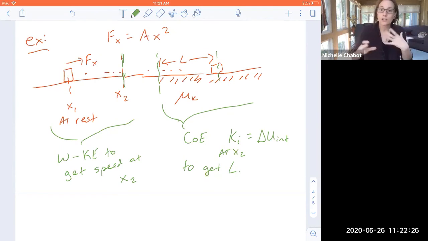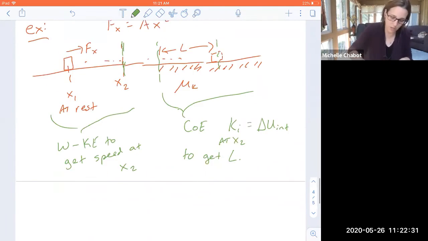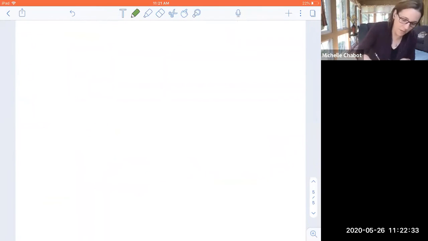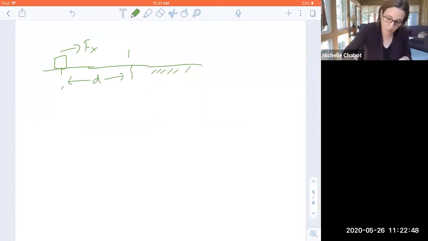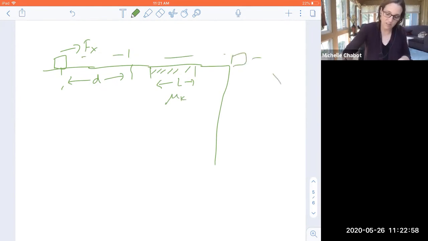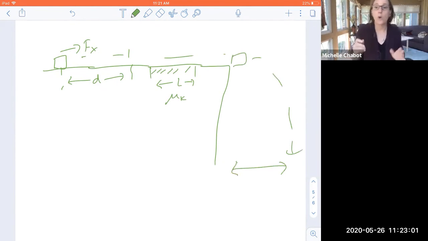Or you could imagine that I could relate all of these to 1D or 2D motion. I could apply my force, my work. Maybe I apply my force on the object, F sub x, and it acts for some distance here. And then maybe it travels through a rough patch, so it loses some energy, but it still keeps going so that it flies off the end of a table. So maybe you're given the length of the rough patch, maybe it has some mu k, it goes here, and then it flies off the table, and you have to figure out where it lands.